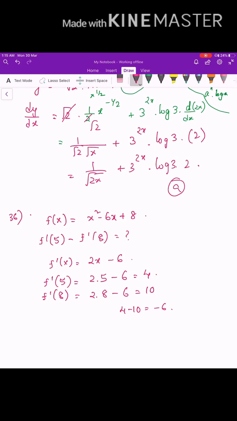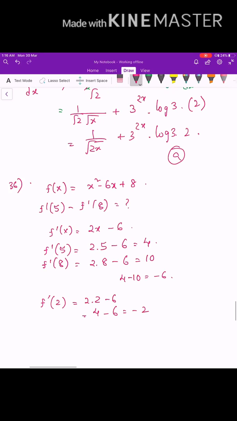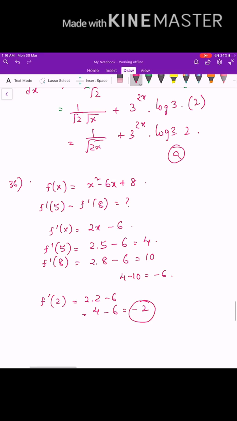Here the option is not given in the direct form. If you observe, you have to find f dash 2, that is 2 into 2 minus 6, 4 minus 6, that is minus 2. So what do I multiply with minus 2 in order to get minus 6? 3, right? So option B.